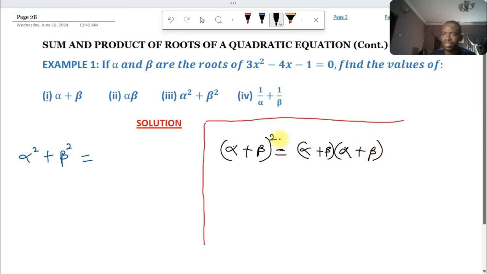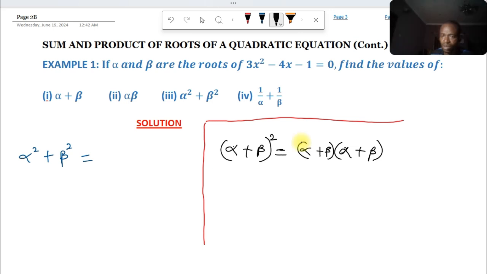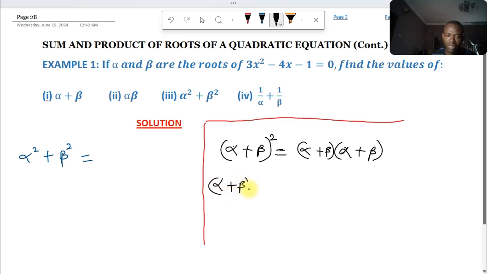It means you should write it twice. Assuming you have 3 as a power, it means you have to write it 3 times. So alpha plus beta all squared will be equal to, let me multiply and see what we are going to achieve.